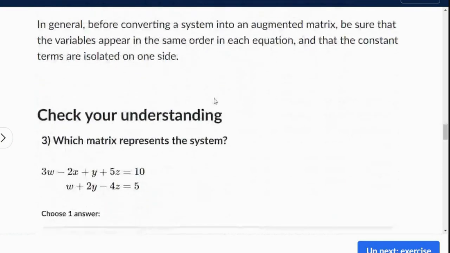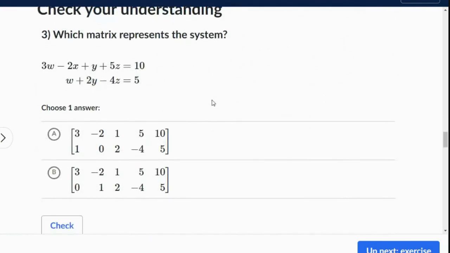All right, so let's see which one of those would represent this system. 3x minus 2y plus z plus 5w equals 10. Now notice the first row is the same in either choice: 3, -2, 1, 5, 10.